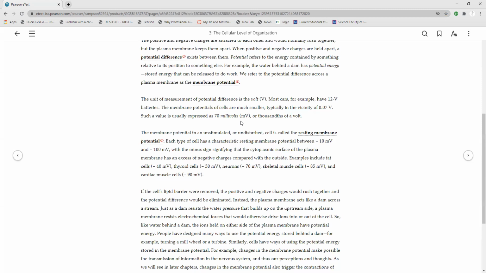Remember, those ions are actually voltage, right? So if I bring in a positive ion into minus 90 millivolts, what happens to this voltage? It actually goes towards zero. So minus 88, minus 86, minus 85, 84, 82, 70. Once it hits minus 70 millivolts in cardiac muscle tissue, voltage gated channels open up, sodium pours in, and it causes a heartbeat.